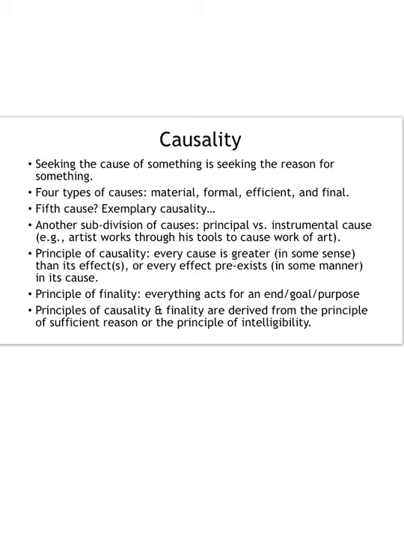Or if a machine made that machine, somebody made that machine that made the machine. So all those are efficient causes. How did it come about? How did this thing get here? Those are efficient causes.